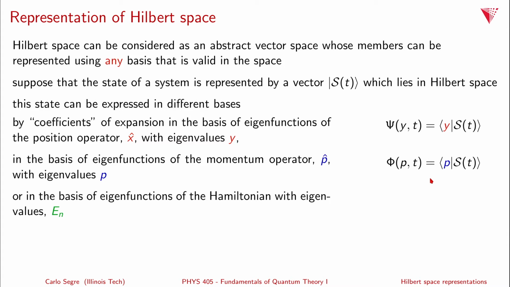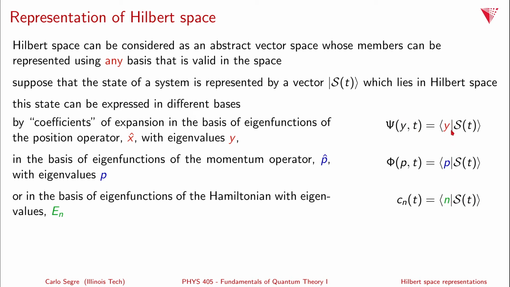Finally, we could also look at this in terms of the basis of eigenfunctions of the Hamiltonian with eigenvalues E sub n. In this case, the coefficients would be c sub n of t, and they're equal to the projection of the S vector along the nth eigenstate. So all very similar.